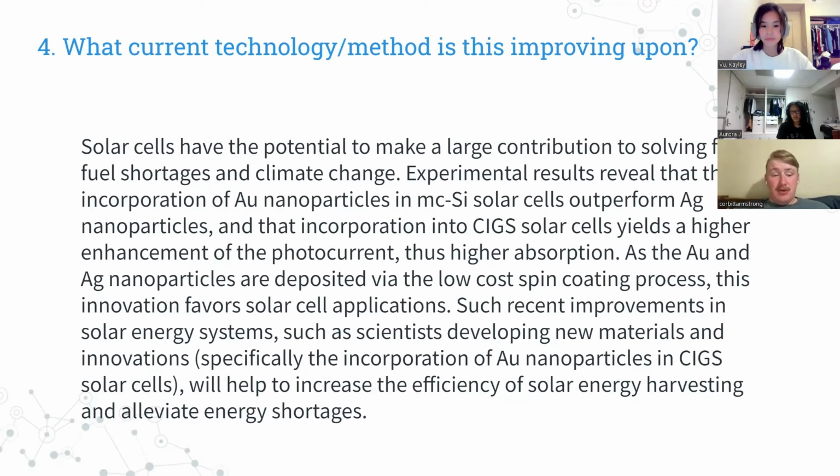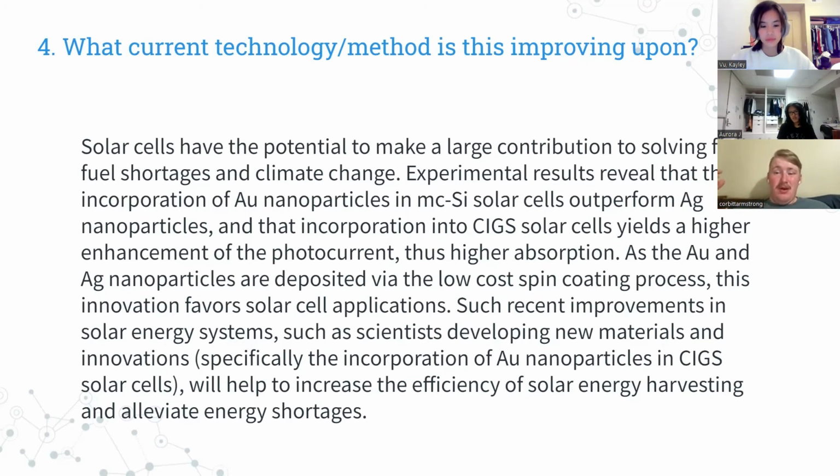As the gold and silver nanoparticles are deposited via the low-cost spin coating process, this favors solar cell applications. Such recent improvements in solar energy systems, such as scientists developing new materials and innovations, specifically the incorporation of gold nanoparticles into CIGS solar cells, will help to increase the efficiency of solar energy harvesting and alleviate energy shortages.